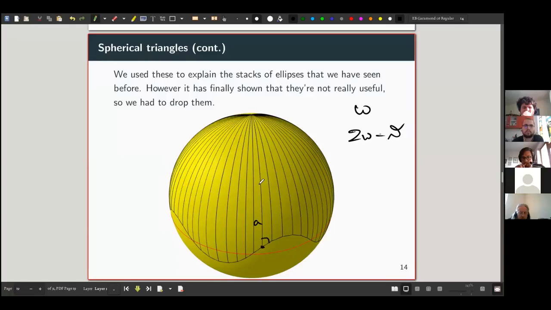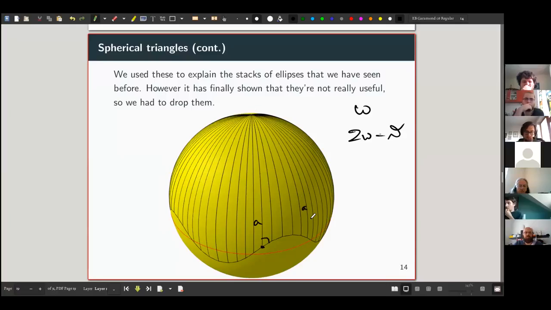And as we chain the triangles and make more and more steps of the mapping, we can just read the appropriate parameters from this one side and one angle. However, as I said, they weren't that useful, and in the end, we just dropped them because they were making more trouble than they were worth.